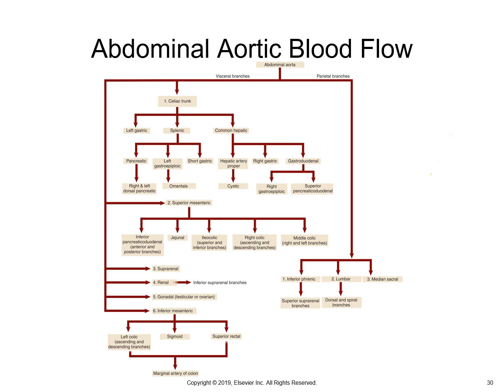This very busy slide is showing us the abdominal aortic blood flow. The abdominal aorta, which is labeled at the top right here, is basically a continuation of the descending thoracic aorta, and it's responsible for supplying blood to the abdominal organs, the pelvis, and also our lower limbs.